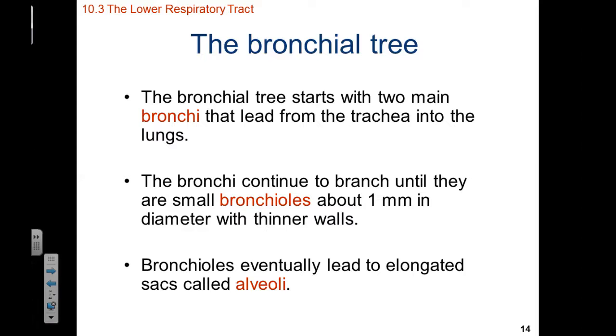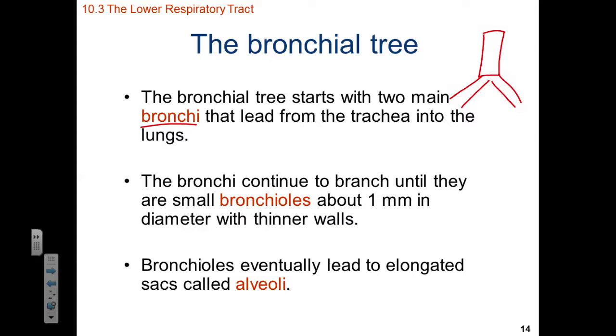Now, if we look at our bronchial tree, as I mentioned several slides ago, the bronchial tree has the trachea as a trunk, and then the bronchi and the bronchioles as the branches. We'll start with those two main bronchi that are going to be the first two big branches. So we could have a trachea right here as our trunk. Then we'll have two big bronchi, primary bronchi as the first two branches, and then they'll keep branching over and over again.